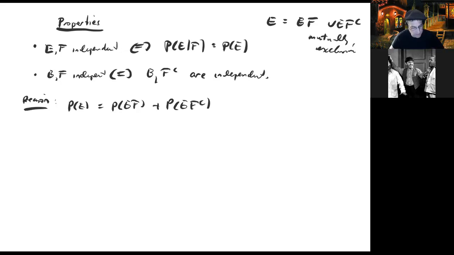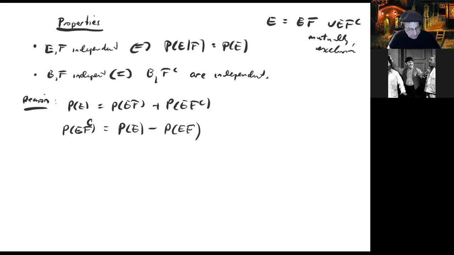Okay, in other words, the probability of EF complement is equal to, by getting probability of EF alone in the equation, the probability of E minus the probability of EF. Nope, I should have written it this way. Let me erase. This will be better if I do it this way.